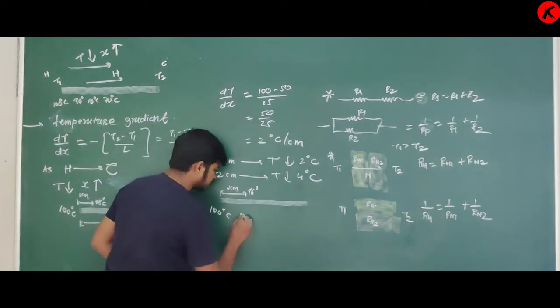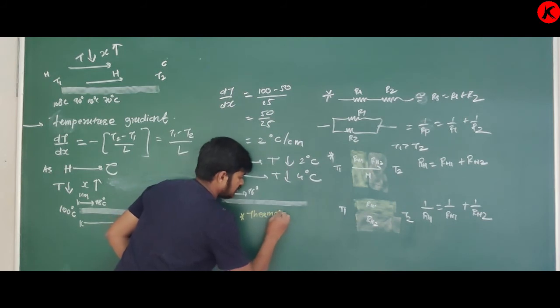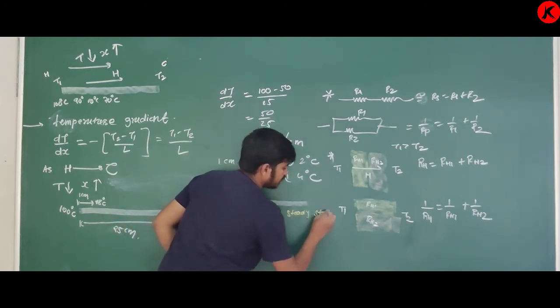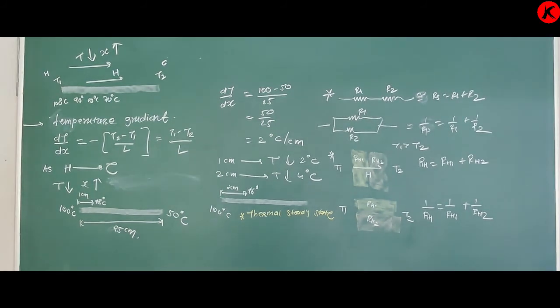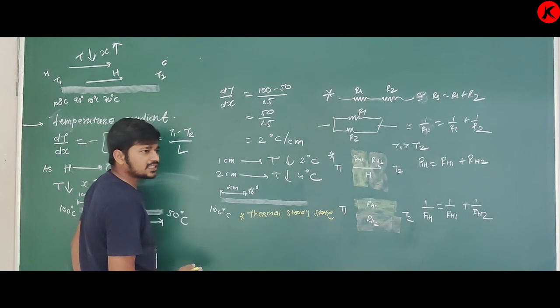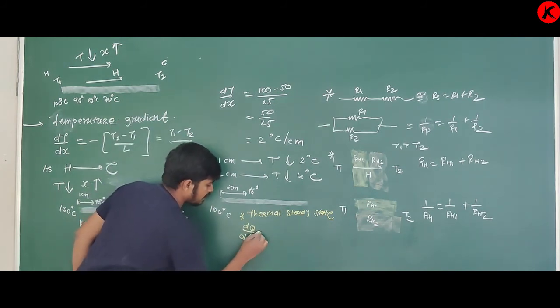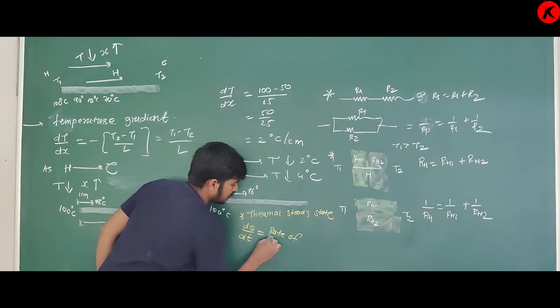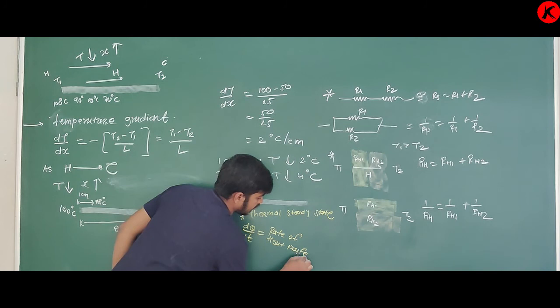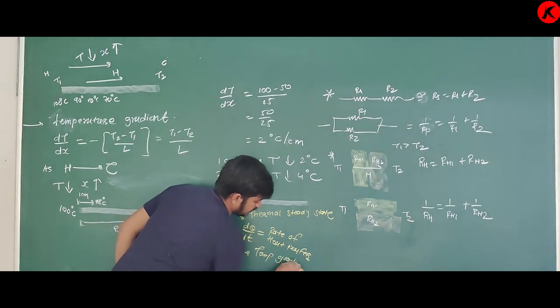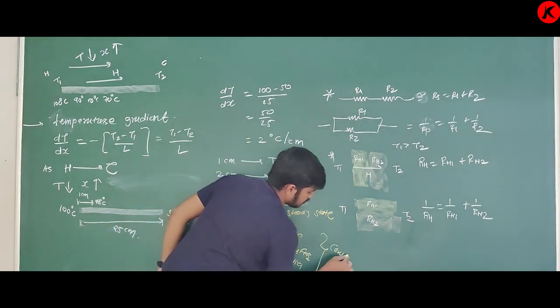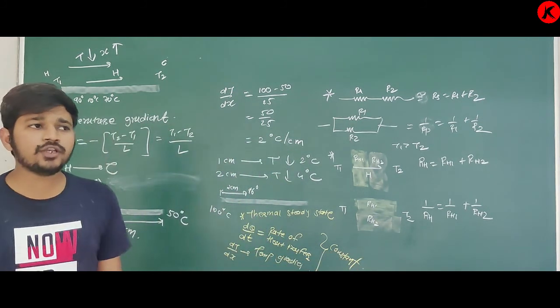What is the meaning of thermal steady state? If a conductor is under thermal steady state, it means that for that given conductor, dQ upon dt, that is the rate of heat transfer, and dT upon dx, that is the temperature gradient, both remain constant. This is one point you have to remember.